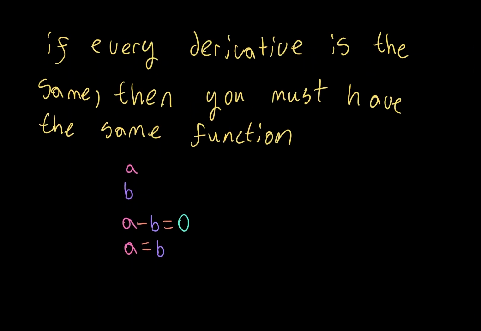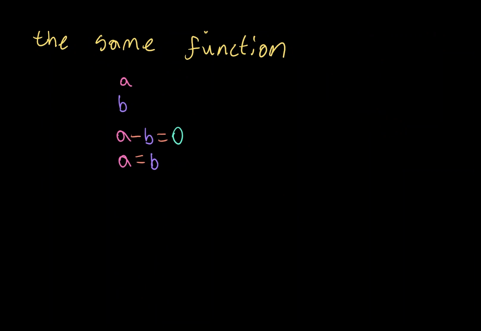So if we have f of x minus g of x, and this is equal to 0, then we must have the same function, right?